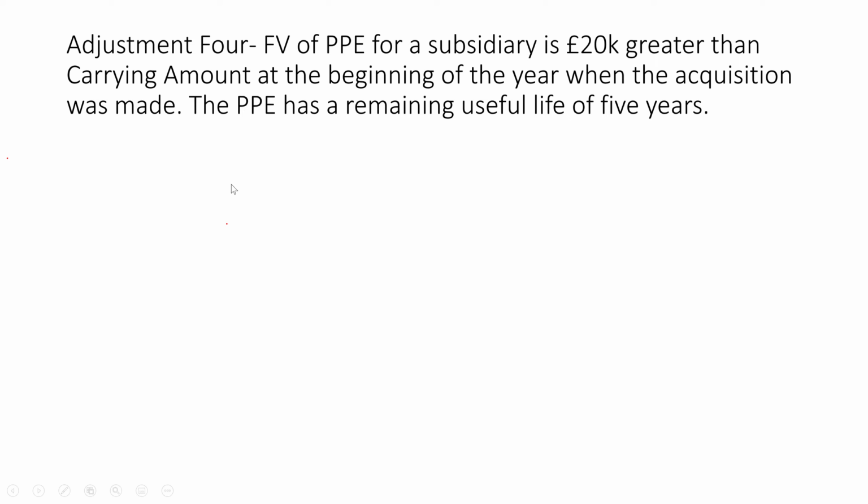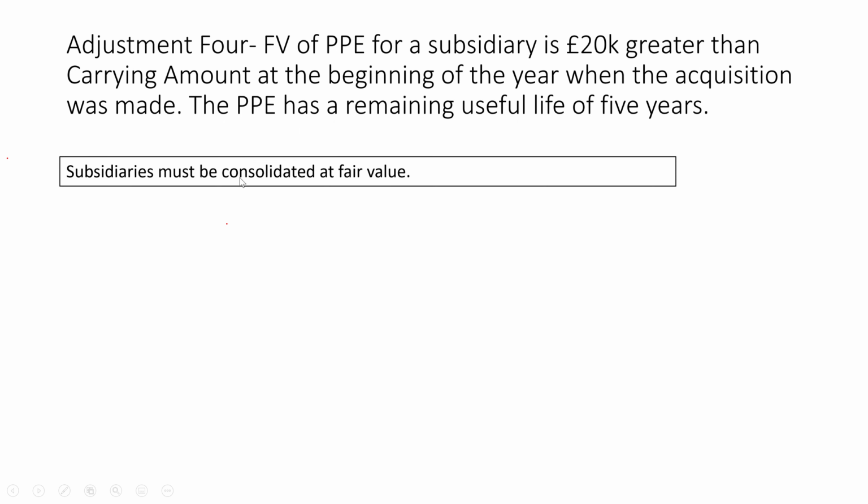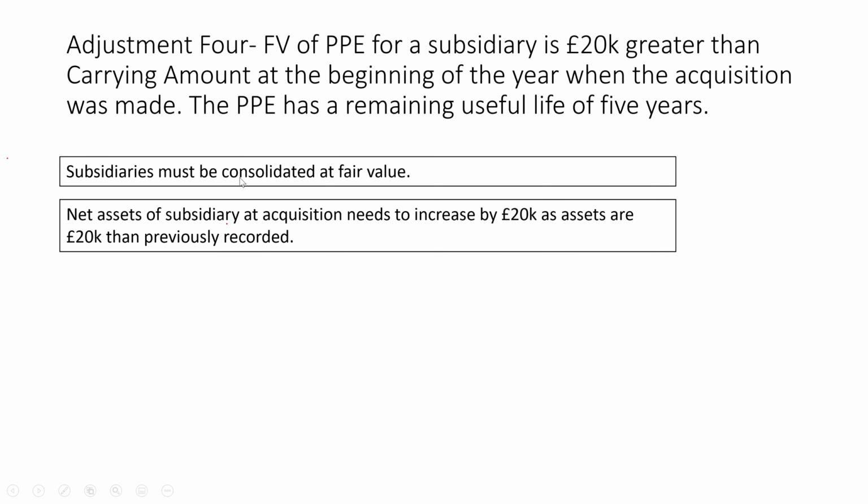So if we accounted for it at the carrying amount, it means that the assets of the subsidiary are understated. So firstly what we need to do is increase the net assets of the subsidiary at acquisition, because the assets are 20k higher than previously recorded. And remember, if you're increasing assets, you're increasing equity.